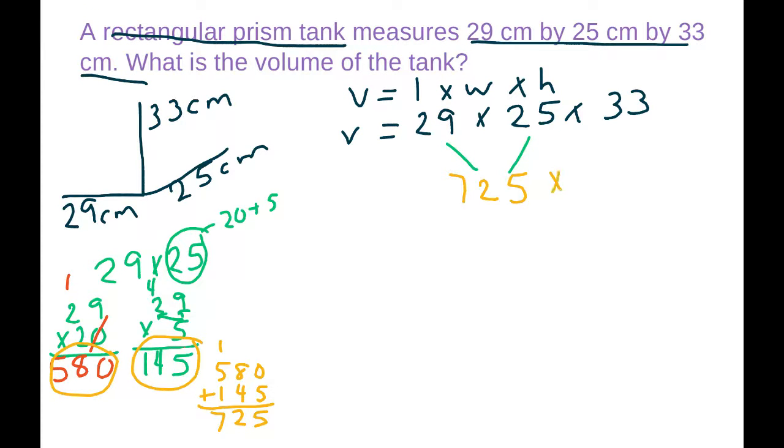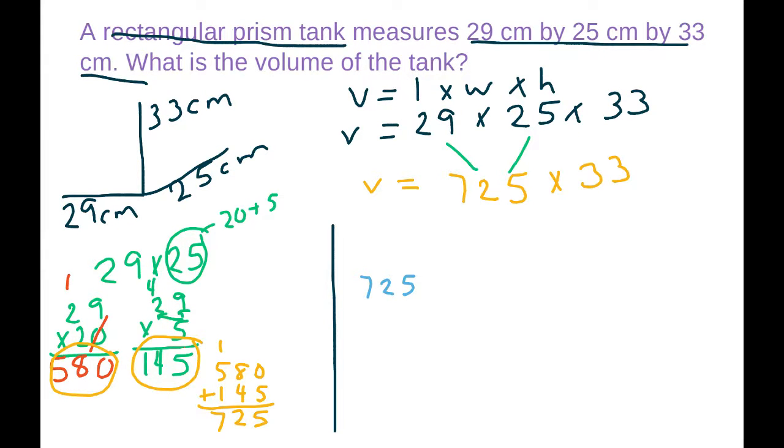Now I've got to multiply that times 33. So I'm going to do that. 725 times 33. Remember, when we're doing that, we need to break apart 33 into 30 and 3.